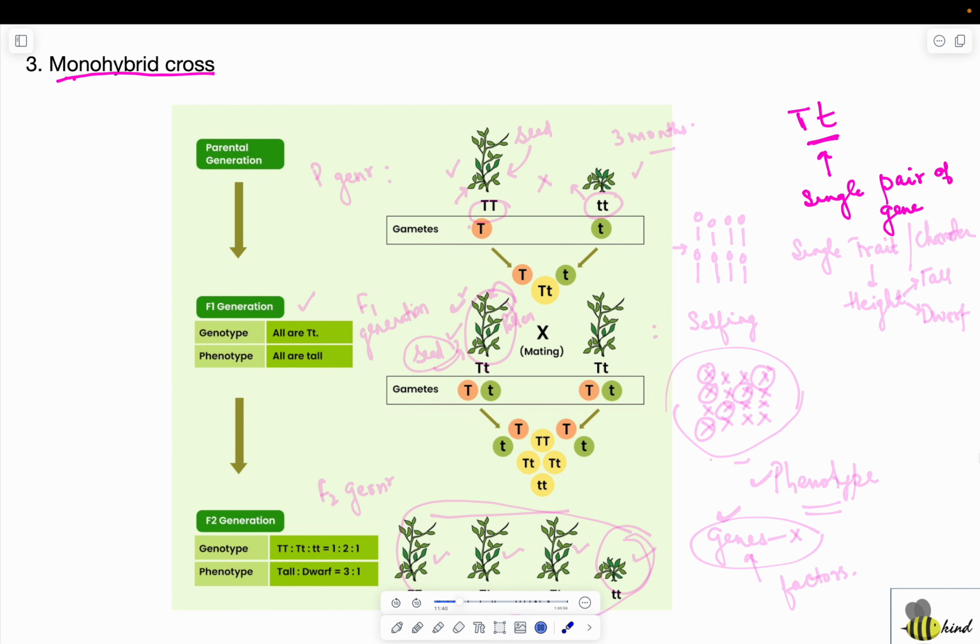We are considering only a single trait, or you can say only a single character. So that character is height. It has two traits. Either the plants are tall or the plants are dwarf. That's why it is known as a monohybrid cross.